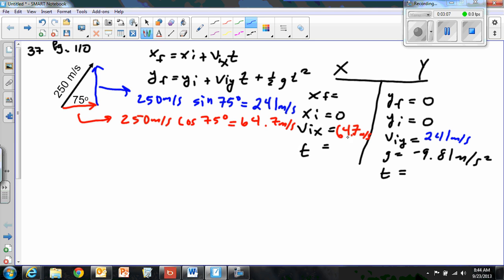Now I have enough information to actually plug in. You can put it in this equation right here.